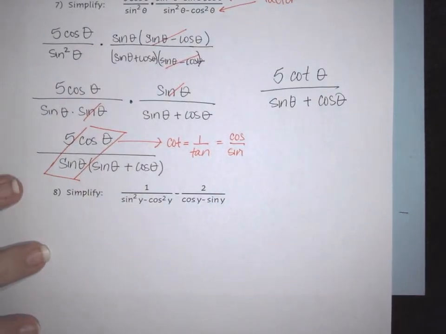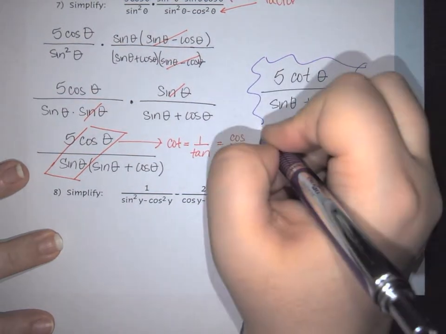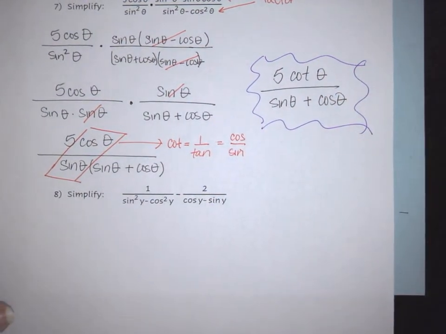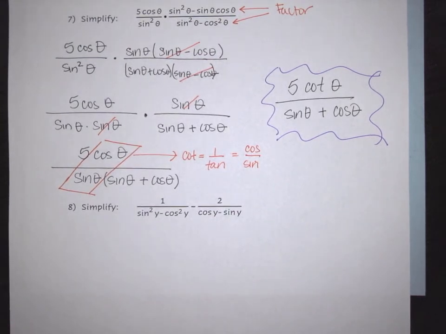And in this case, I now have nothing else that I can do, so I have finished my simplification. So again, it all comes down to being able to identify the different equations and identities that can be used in order to give us a smaller result or a simplified result.